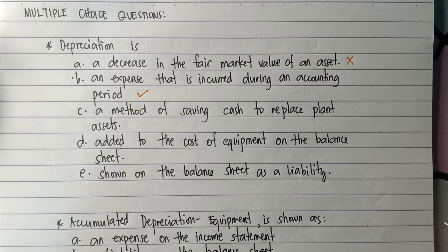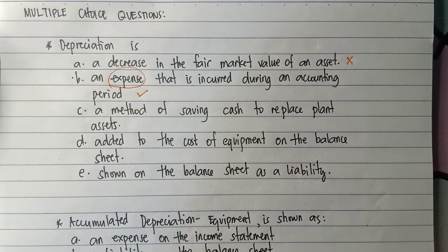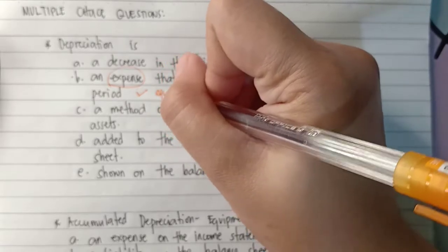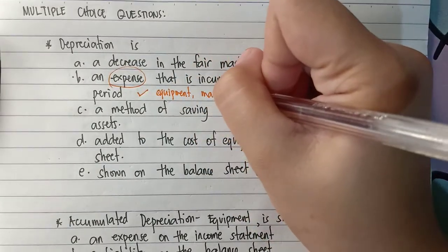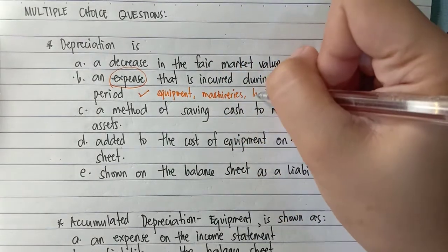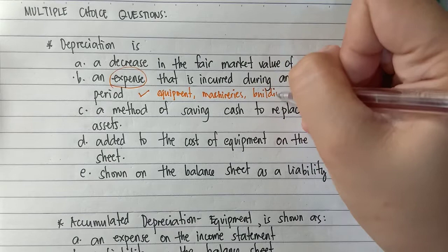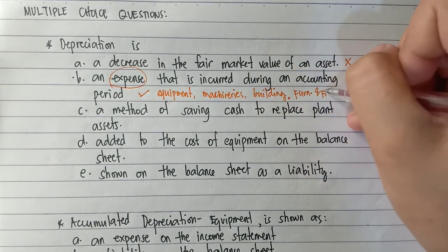When we say depreciation, always remember that it talks about expenses that are incurred during the accounting period, and usually an expense on the non-current assets such as the equipment, machineries, building, furniture and fixtures, and etc.